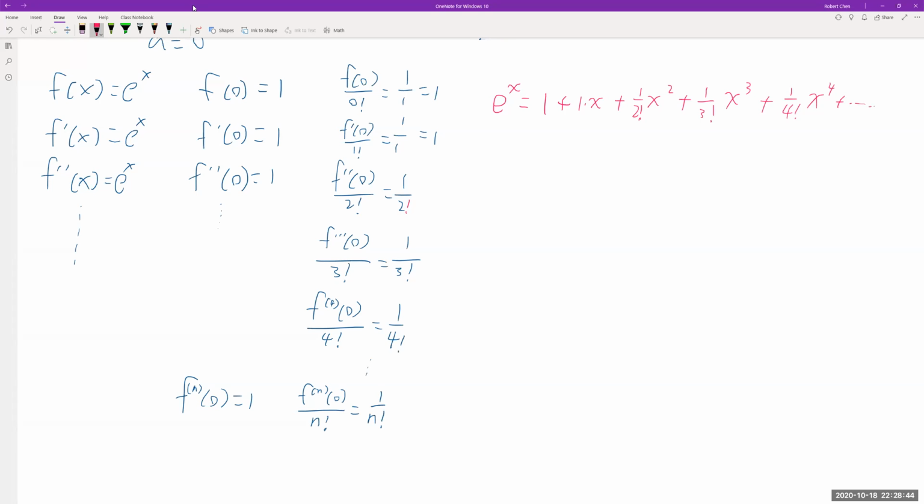And hopefully you can see what's going on here. The nth term will be 1 over n factorial times x to the n.